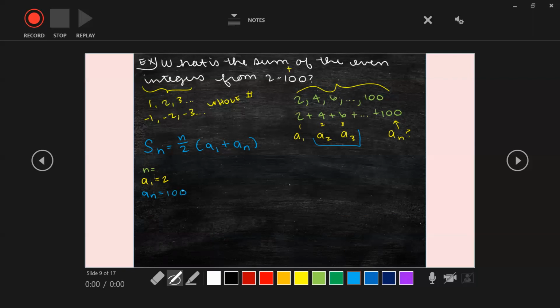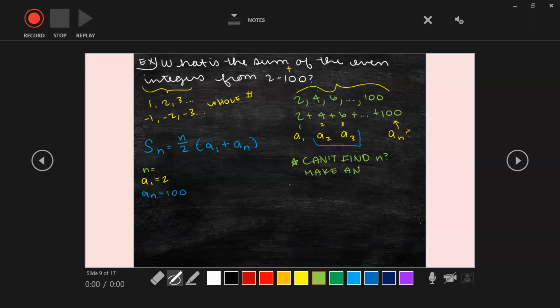Whenever you can't figure out what your n is going to be, I want you to write an explicit formula. So let's do this. If you can't find n, make an explicit formula.